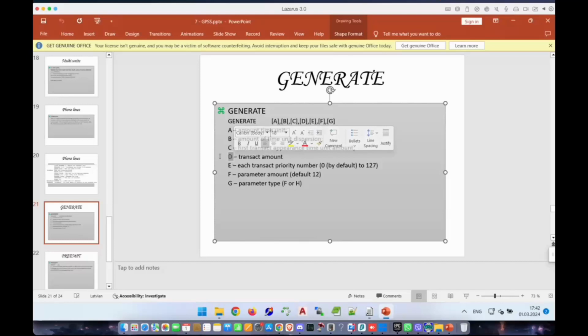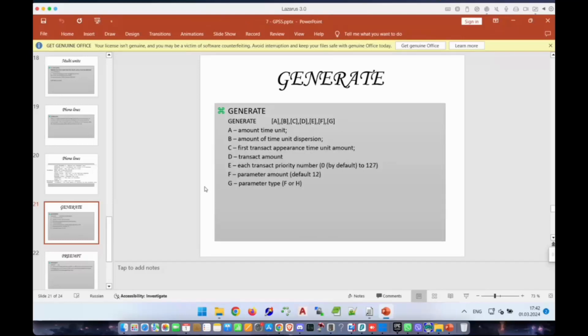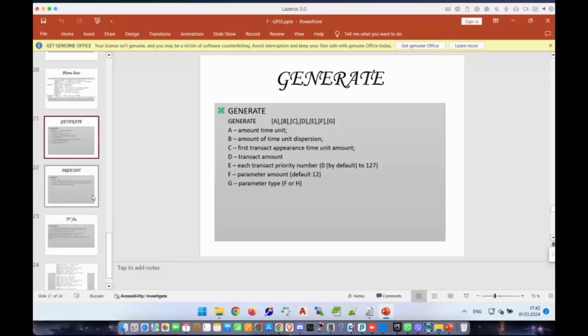We can specify the number of transacts which will appear in the system simultaneously. We have the priority. Next, we have the parameter amount. Parameter is just details about the transact. The types of parameter amounts will not be covered during the course because it's a bit more complicated.